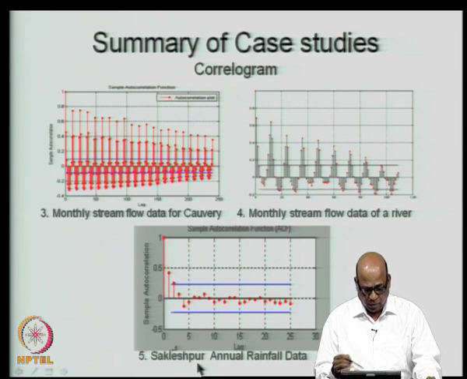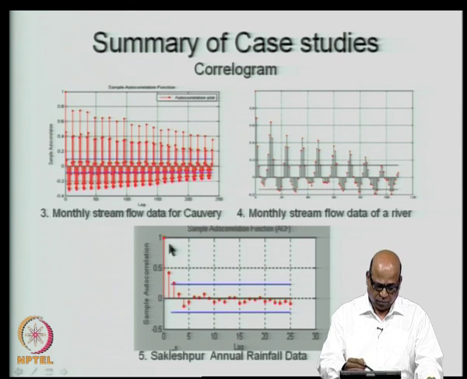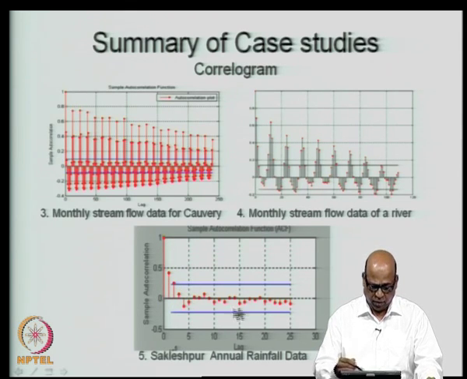The Sakleshpur annual data on the other hand shows only one significant correlation and all of the remaining correlations are insignificant. Remember, the correlation at lag 0 is always 1, and therefore, you look at only lag 1 and beyond; all the correlations here are insignificant.